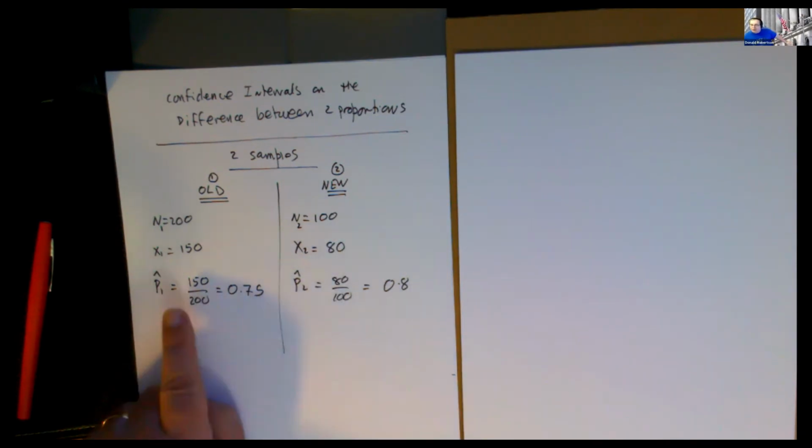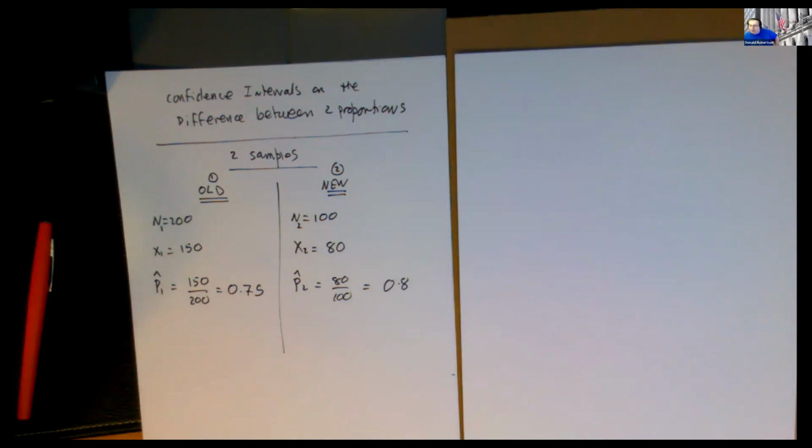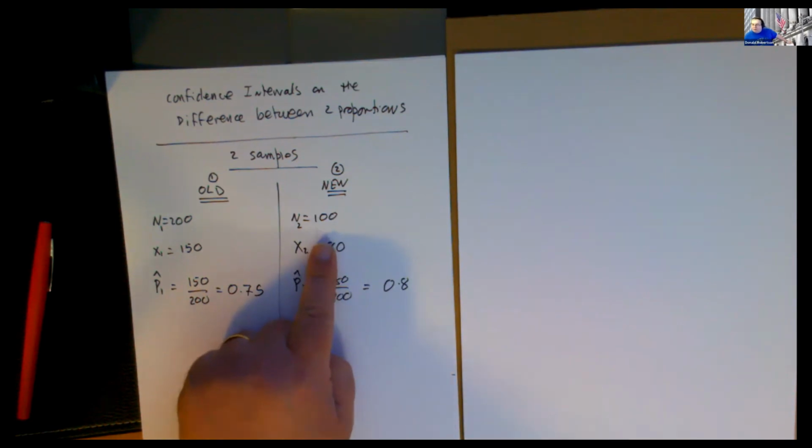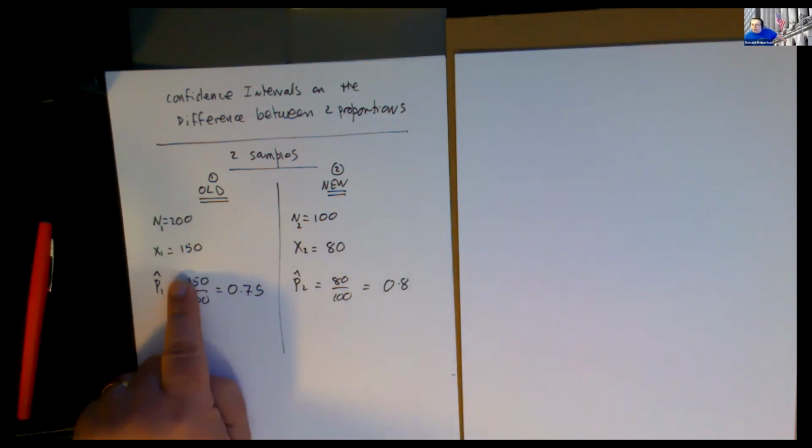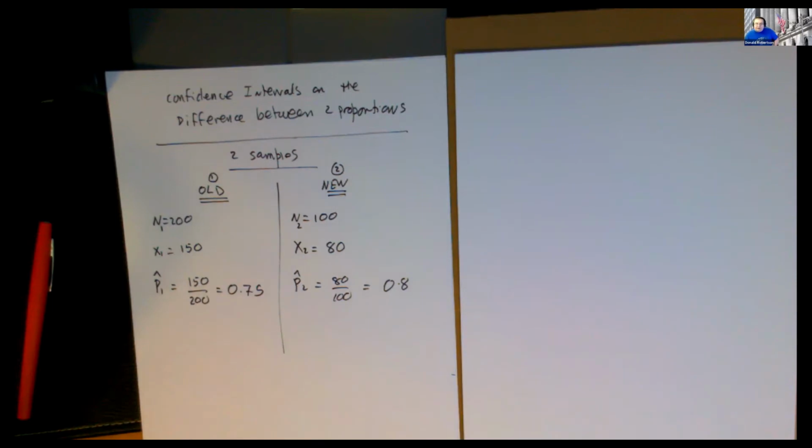Couldn't the new drug and the old drug actually be pretty much equivalent, the same success rate, and you just got a few extra people here, or you got a little unfortunate with your group here? So what we need to do is find the difference between them and then put a confidence interval on it, and we can use that to come up with our judgment call.